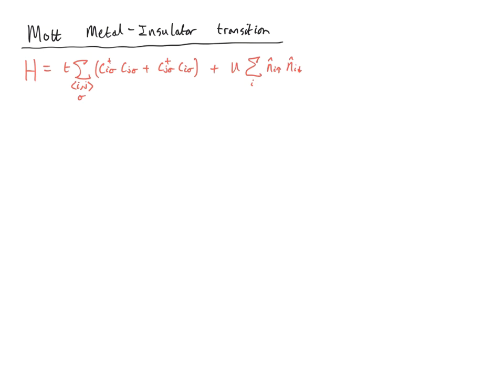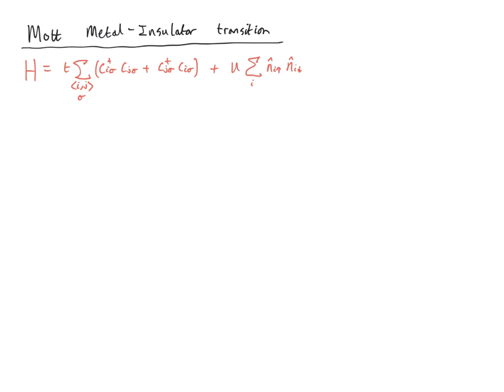But one of the most paradigmatic features of the Hubbard model is the so-called Mott metal-insulator transition. And this is sometimes called the Mott-Hubbard transition because it's a metal-insulator transition that's driven by the interactions, and it's something that is captured already in this simple Hubbard model.